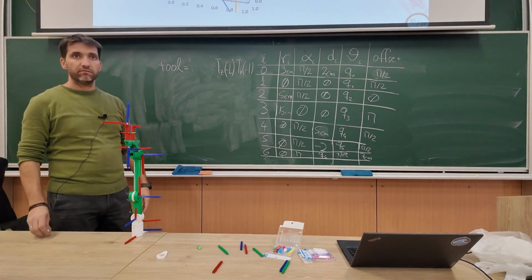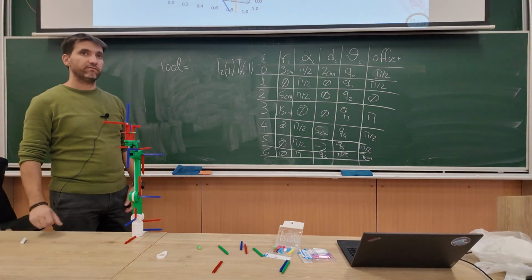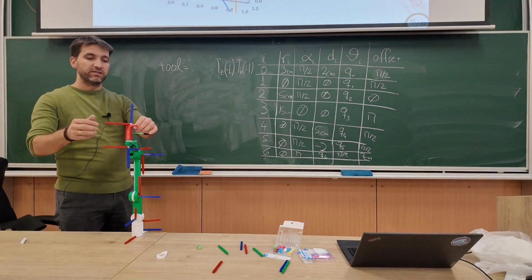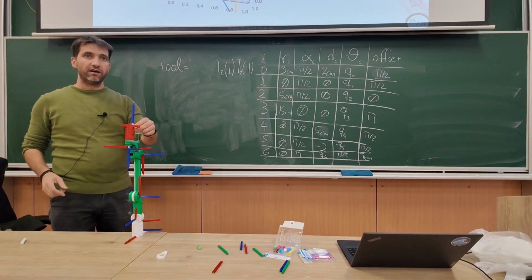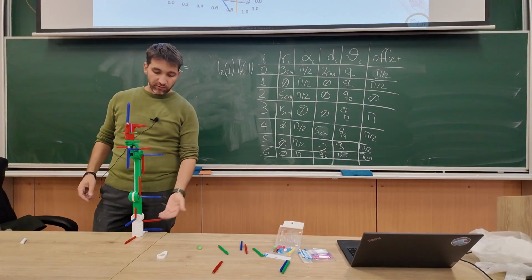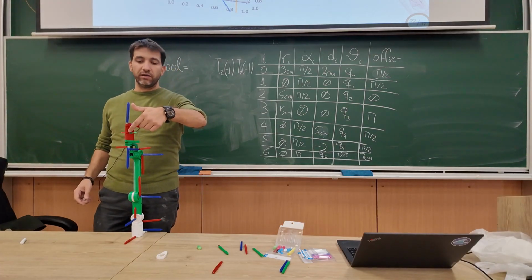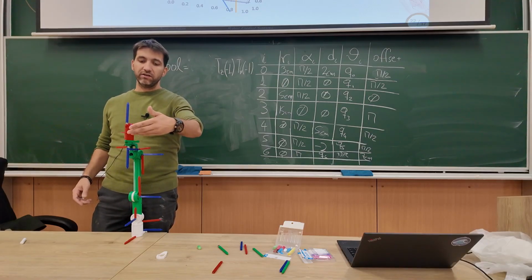Right? So it's the same. So it doesn't matter what happens in between, how I put this one here. It doesn't change the transformation from the base to the end effector, right? If I would change the end effector, yes, I would have a difference.